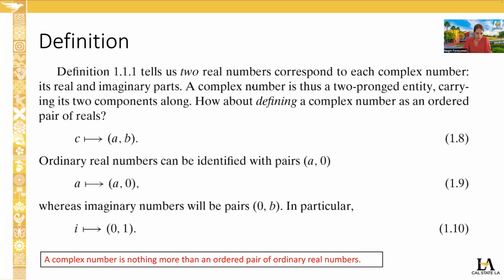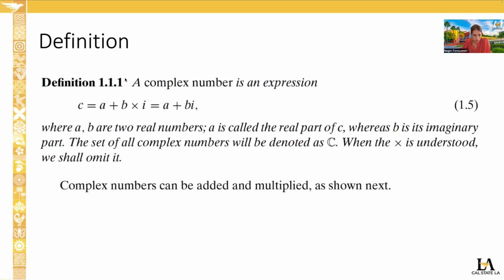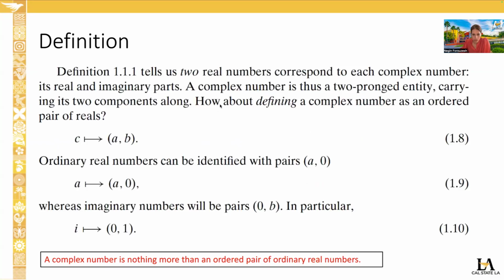So let's look at the definition of complex numbers again. What we showed in definition 1.1.1, which was in here, each complex number has these two parts, right? We have its real and imaginary parts.